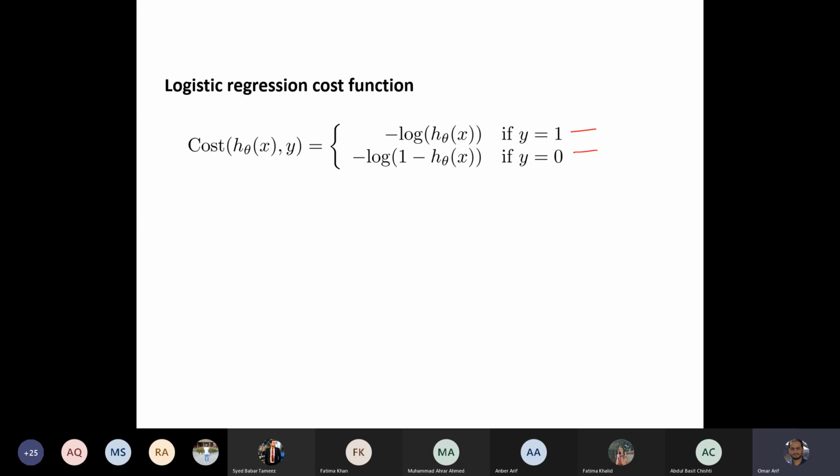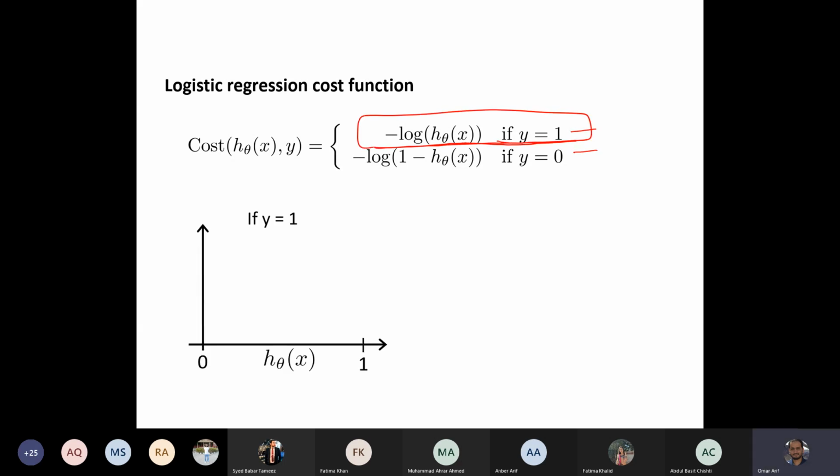So first look at the case when we know that y is 1, and let's plot this part. So when y is 1, this is my prediction, and this is the cost, or you can say J, or the cost C. So what should the cost be, higher or lower, when my prediction is 0?